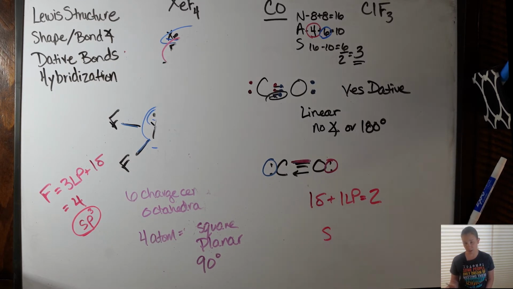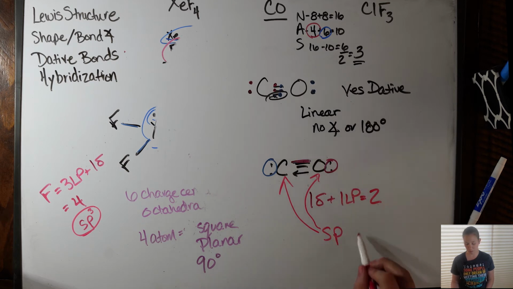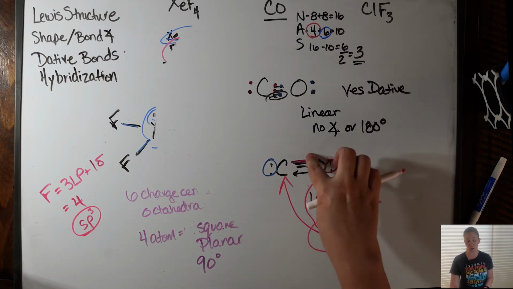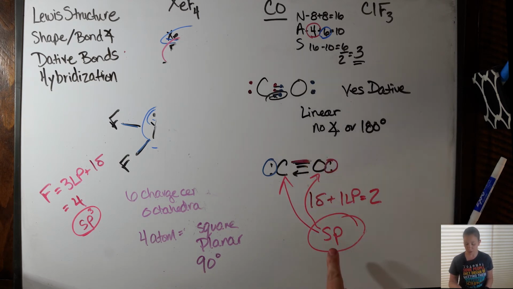So that would only be one s and only one of the p's. So both of these atoms are sp hybridized, because we only need 2 degenerate orbitals, one for the lone pair, one for the sigma bond. The pi bonds are not hybridized, and so they do not count for the number of degenerate orbitals needed. They actually do have a higher energy.